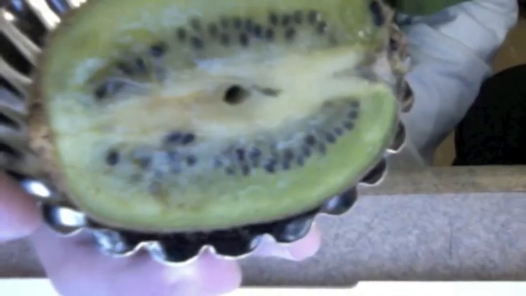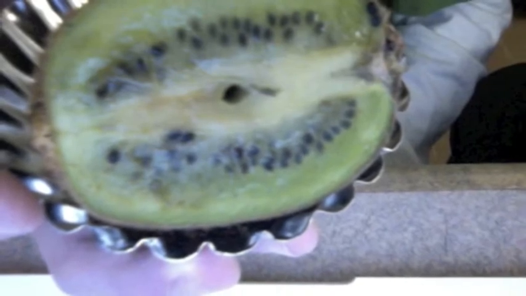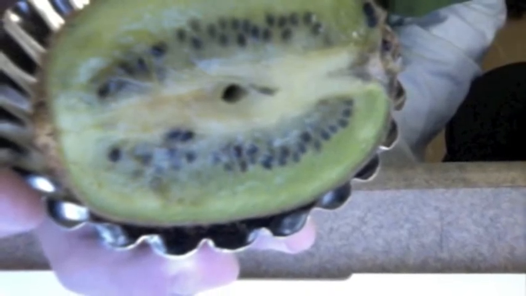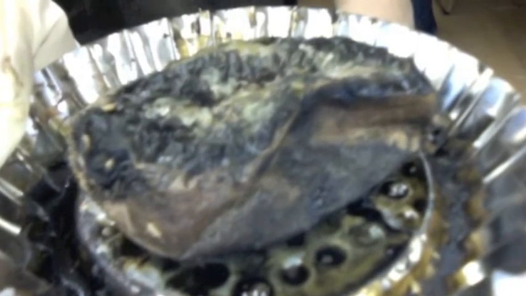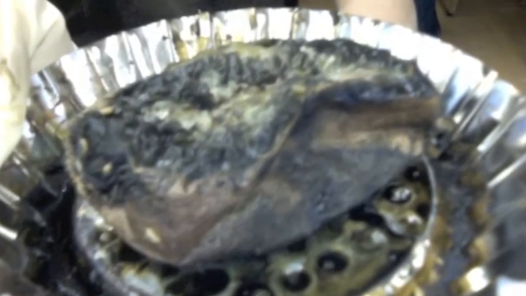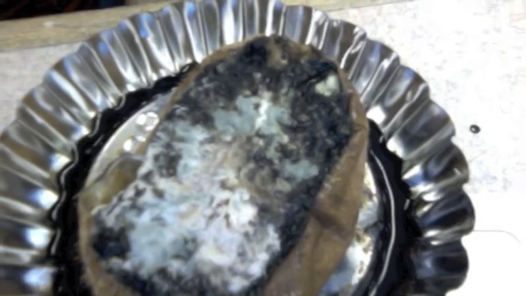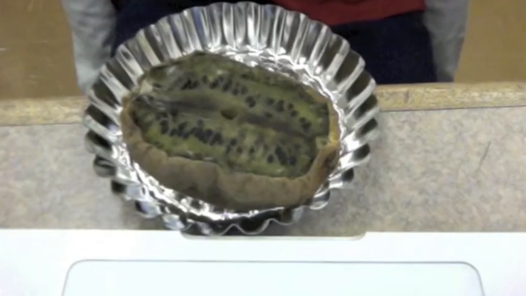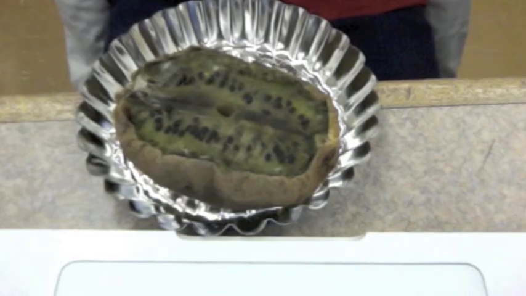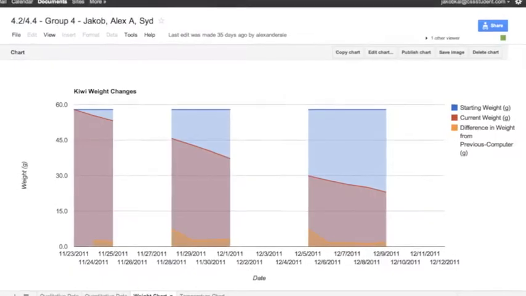In conclusion, our hypothesis was partly accurate. The kiwi did become mushy and soft like we thought it would. It did not become entirely brown, it changed more to a blackish brown. The kiwi did not become colder either. The temperature instantly went up, and then dropped, and then went up again. We thought it would smell like rotten eggs, however, it smelled more like garbage cans.